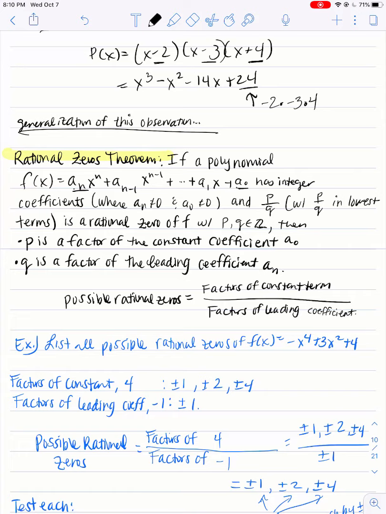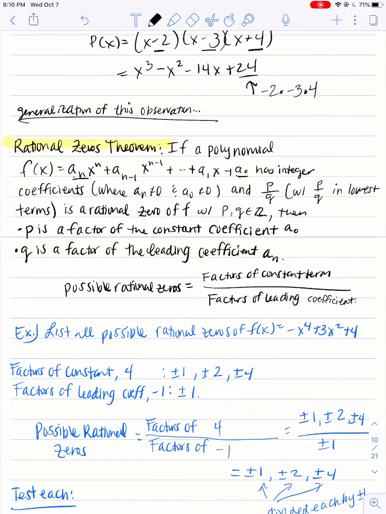That might look a little confusing, but it comes down to this: our possible rational zeros are factors of the constant term over factors of the leading coefficient. So we have factors of a naught over factors of an.